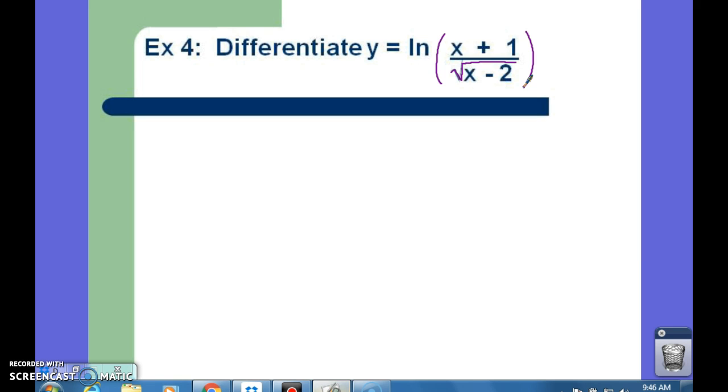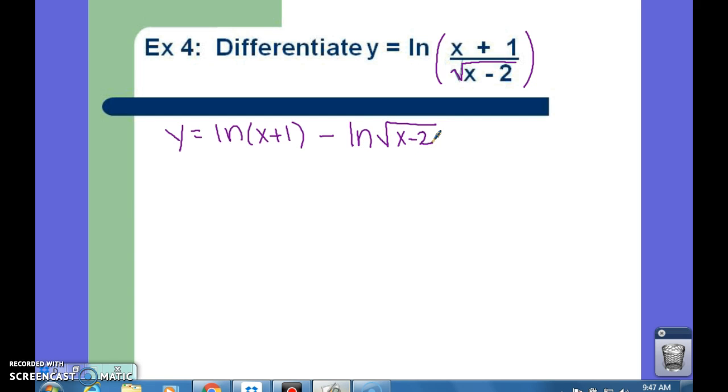If you have a natural log and it contains division, you can rewrite that natural log as subtraction. So you could rewrite this as the natural log of x plus 1 minus the natural log of the square root of x minus 2.